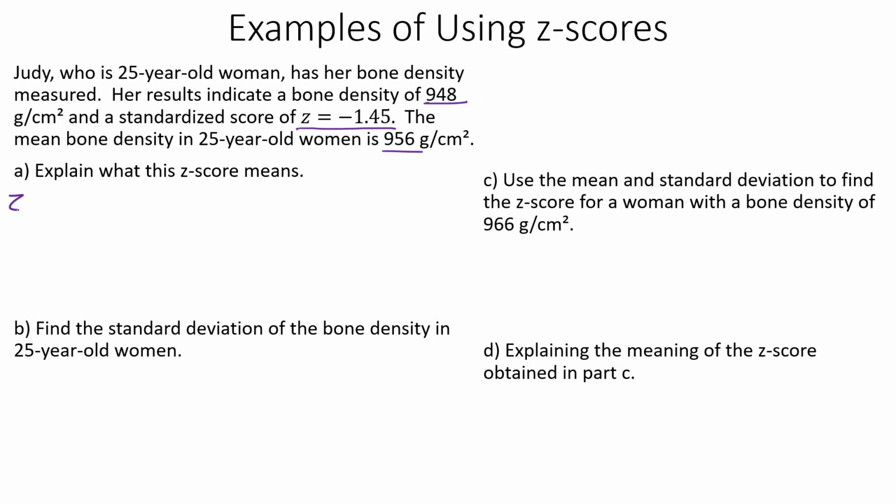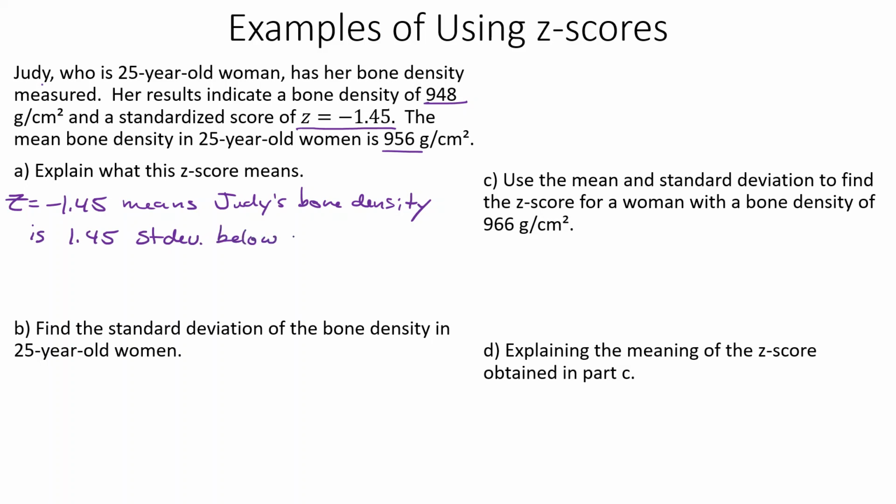So z equals negative 1.45 means Judy's bone density is 1.45 standard deviations below the mean. All right, so her score is below average.